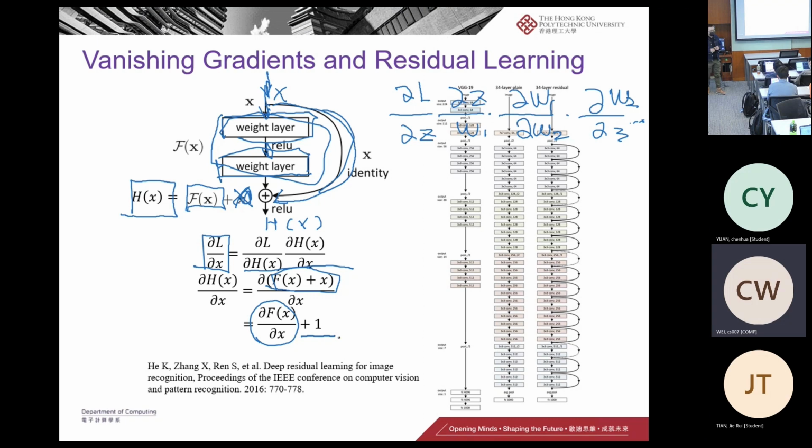Okay. But this small change of adding the shortcut changes the rationale at the same time. Every time, we are not actually learning a mapping of inputs to outputs.